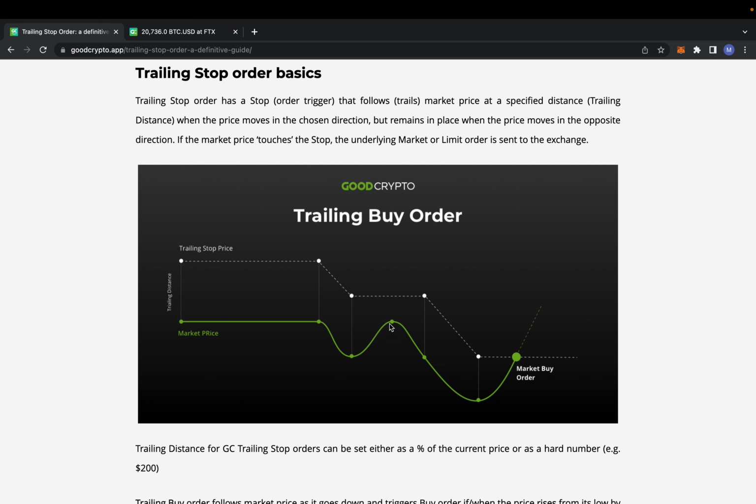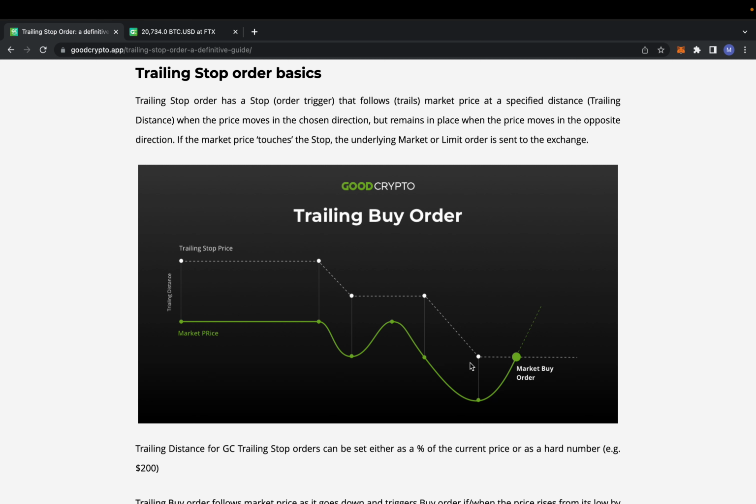Market price went up a bit, it didn't touch the trigger, so the order didn't execute, and market price started falling again, and the trigger started moving down with the price again, keeping the same trailing distance from the market price, right? So the market price went down, down, down, down, and the trigger went down with it, and here the trend changed and the market price went up. The trigger remained in place and didn't move, right?